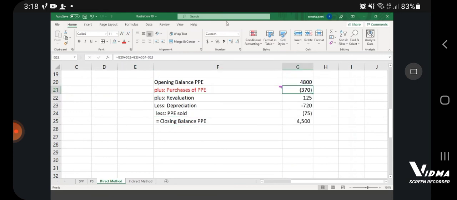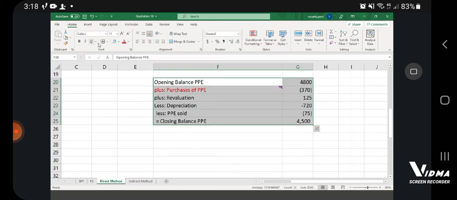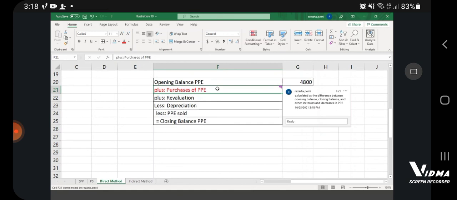Any question over there? Always use this equation to calculate whatever you need to calculate out of the PPE. Sometimes you have the amount of purchases. Sometimes you need to calculate the depreciation amount. Sometimes you need to calculate the value of the property, plant, and equipment sold.